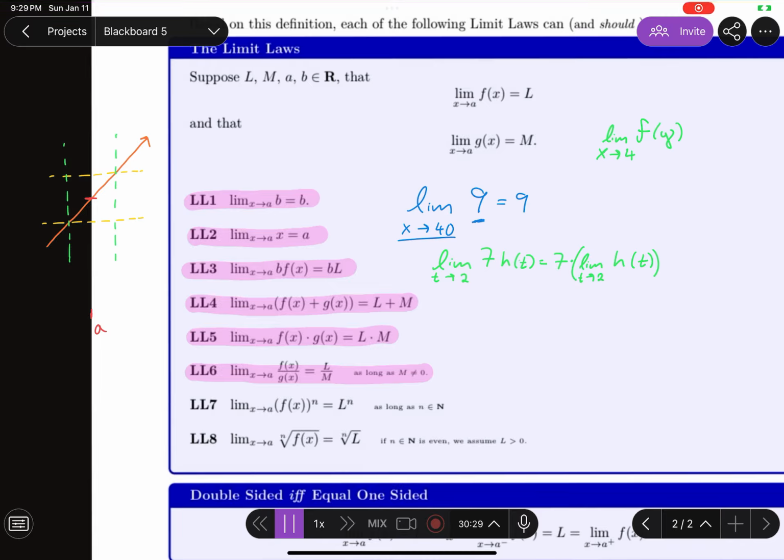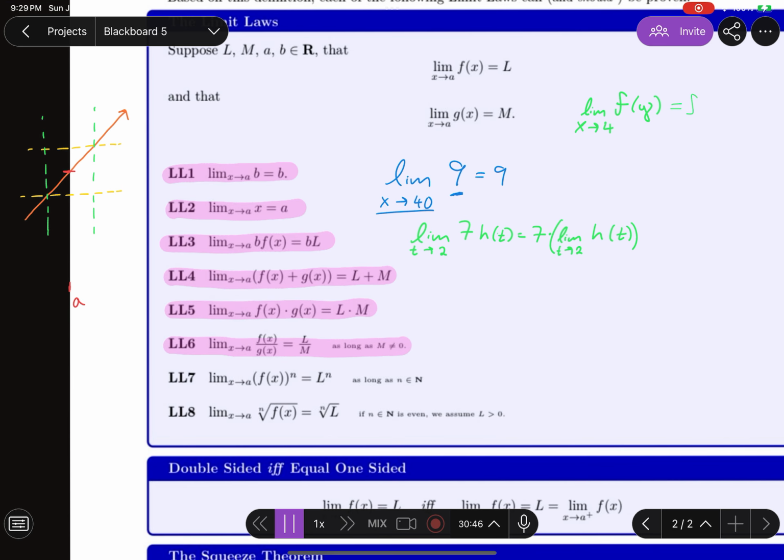So it's actually kind of like an extension of this first limit law, that this limit, f of y, is not going to change at all as x changes, because this is a function in terms of y. So it's understood that this is simply going to be f of y. So make sure that the variable that's moving is also the independent variable of the function in question. That's kind of a tangent fact that we need to know.